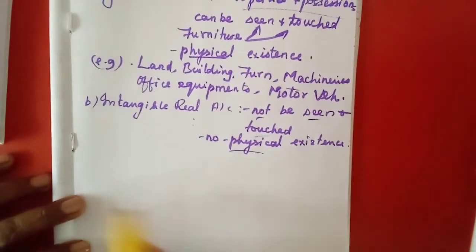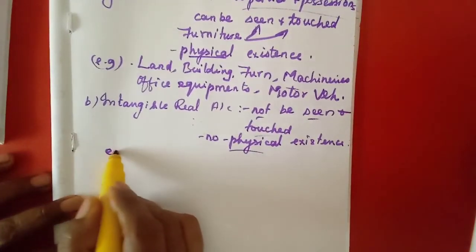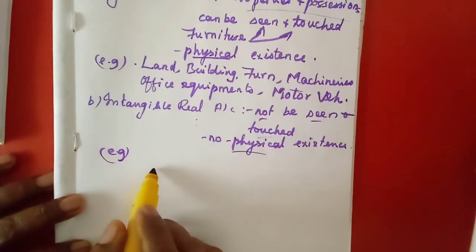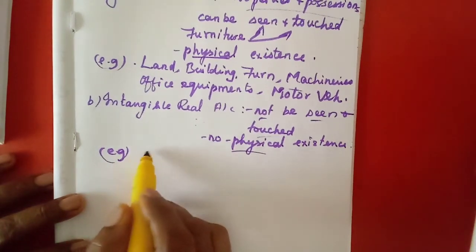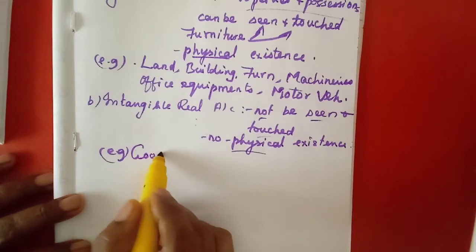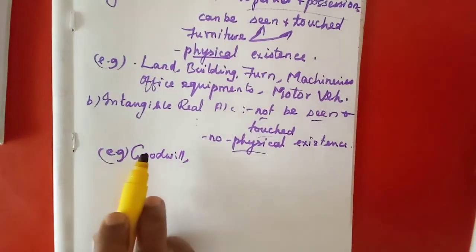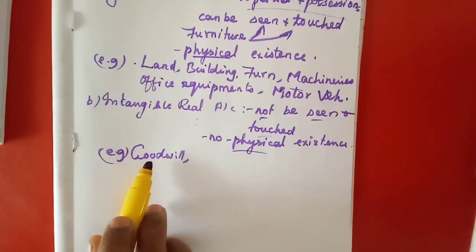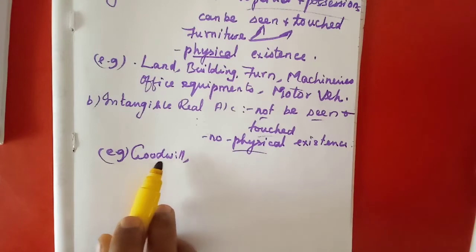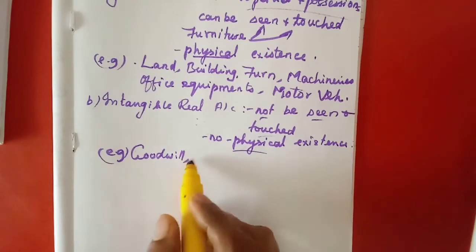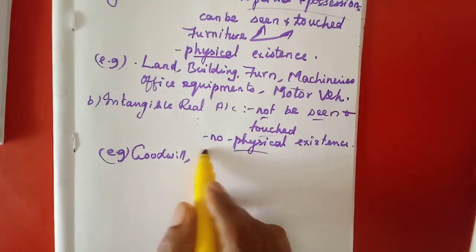What examples can we give for intangible assets? The first one is goodwill. Goodwill is the name of that company. By running for many years, it might have received a good name among the public. It has got a good name, that is called goodwill. Then copyrights.